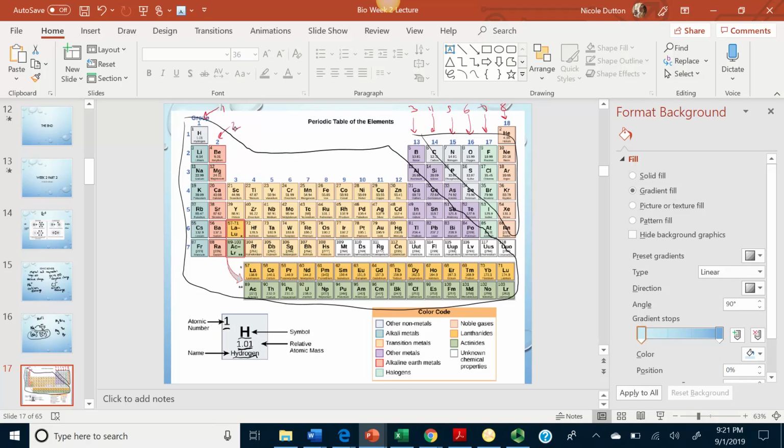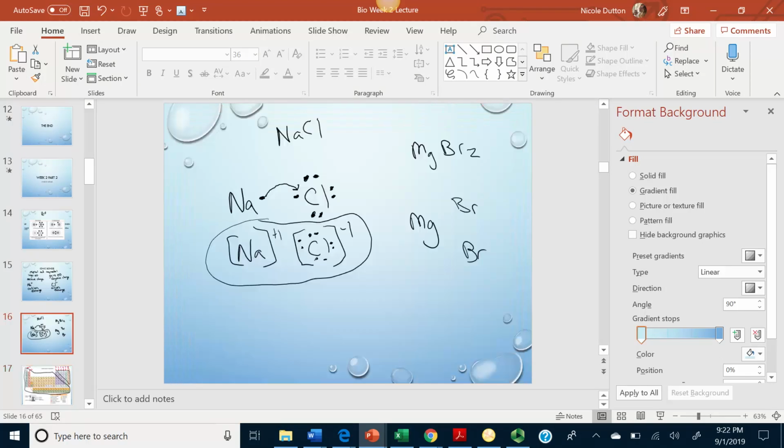If we go to the periodic table, magnesium is in the second row. So magnesium has 2 valence electrons. Bromine is in row 7 again, just underneath chlorine. So we're going to draw 2 for magnesium, but each bromine is going to have 7.